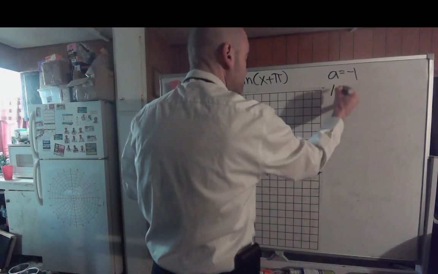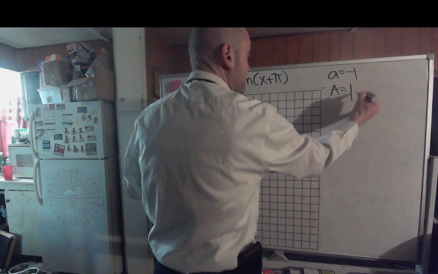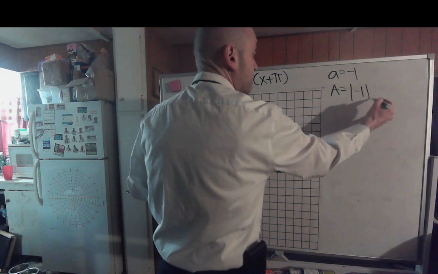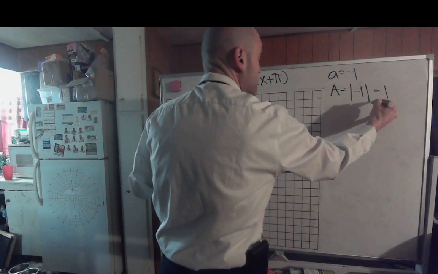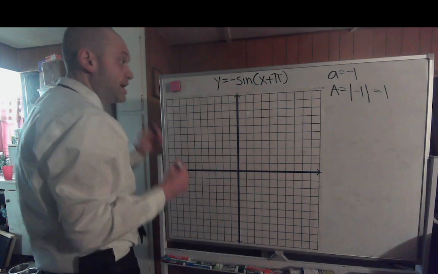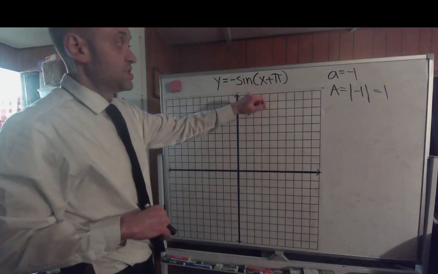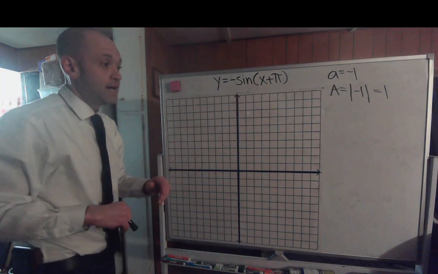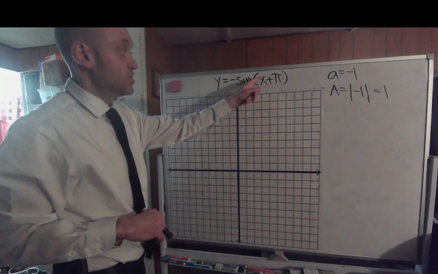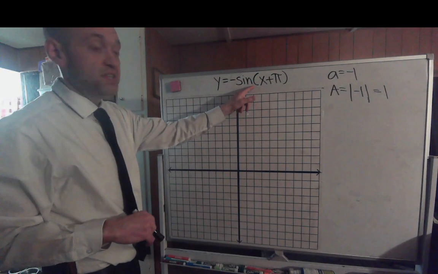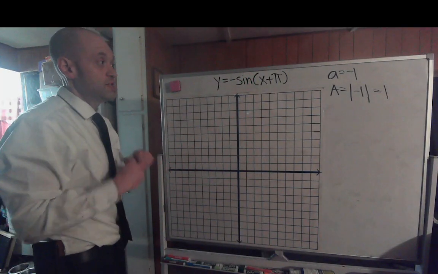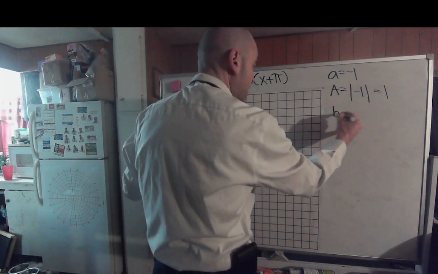So the amplitude is going to equal the absolute value of that -1, which would be 1. So the amplitude's 1. Now, look inside the quantity for your sine, that x plus pi. That x coefficient is 1, and outside the parentheses you don't see a coefficient. So that means your b is 1, right?